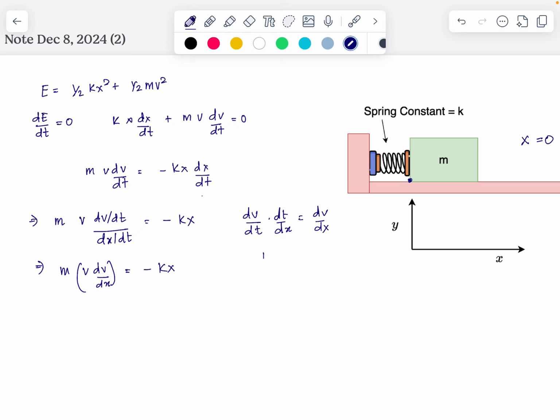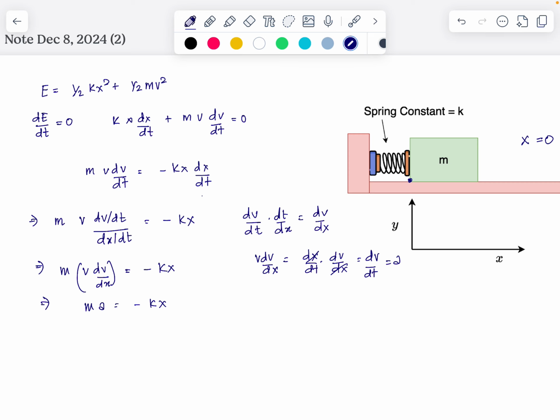And v times dv/dx is dx/dt times dv/dx. The dx's cancel out, and this is dv/dt, the acceleration of the system. So essentially m times a equals minus kx, and this is an expression of Hooke's law.